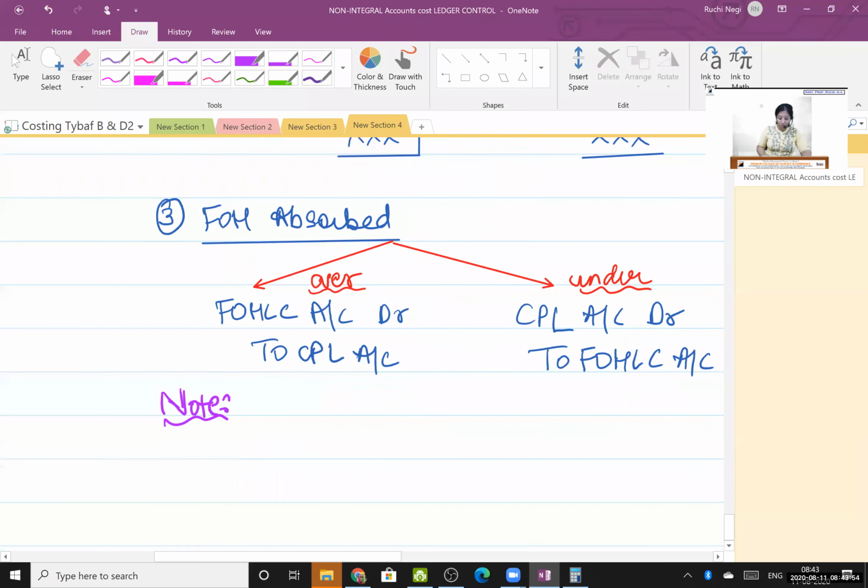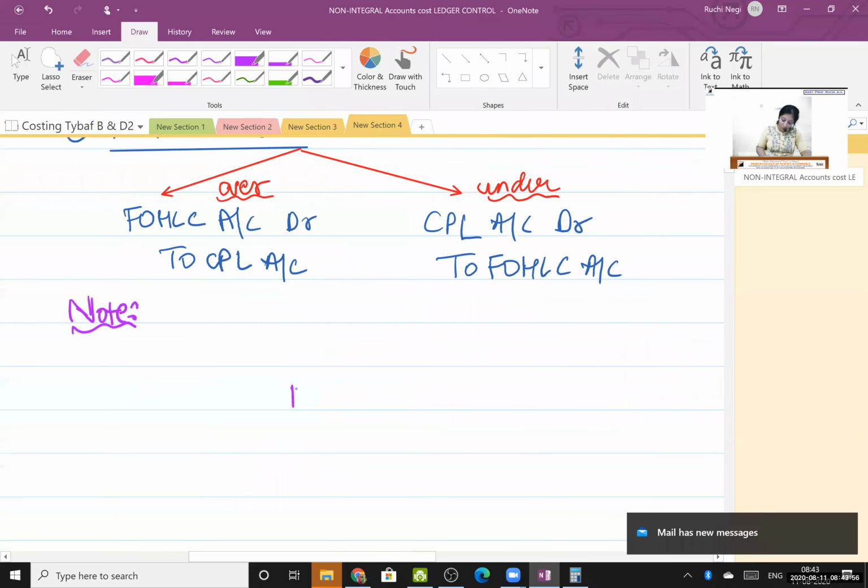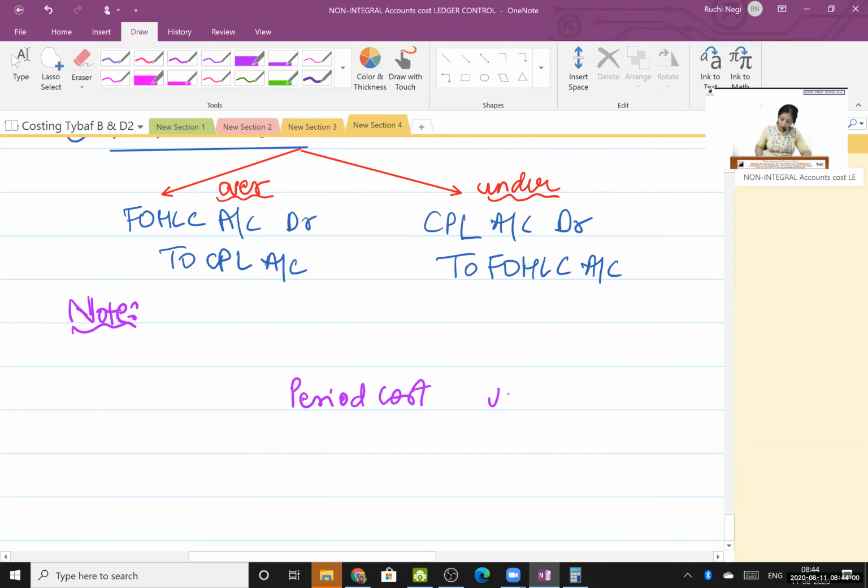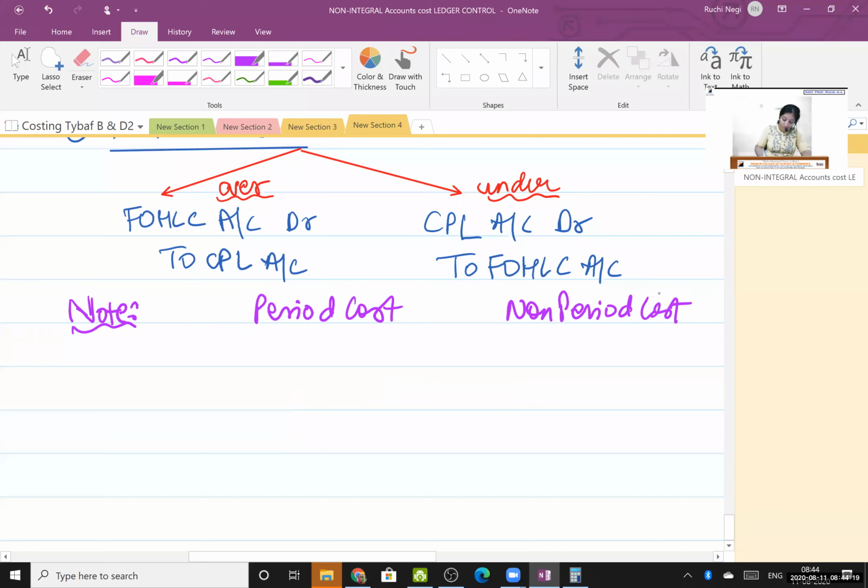Okay. So students, there is some concept called as period cost and non-period cost. I'll write it here so that you can directly copy them. इसका meaning क्या होता है?